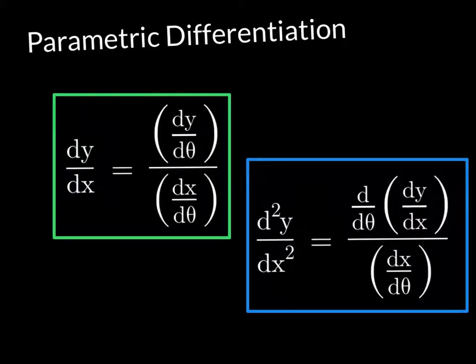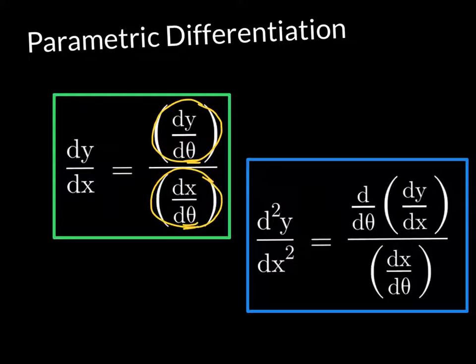For parametric equations, a differential like dy by dx would be equal to the differential of y with respect to the third variable theta here, all divided by the differential of x with respect to the third variable theta as well. Depending on the problem that you're looking at, the third variable could be something else. It could be, for example, t for time. In this case we have an angle theta.